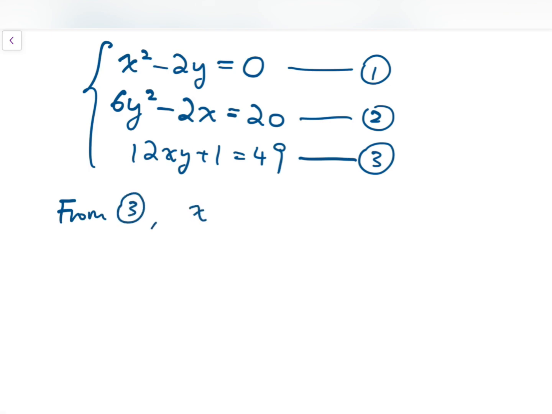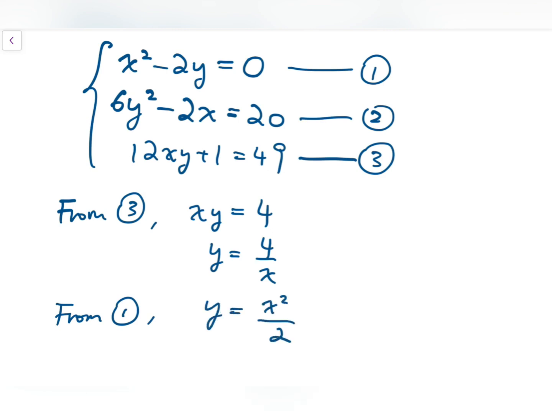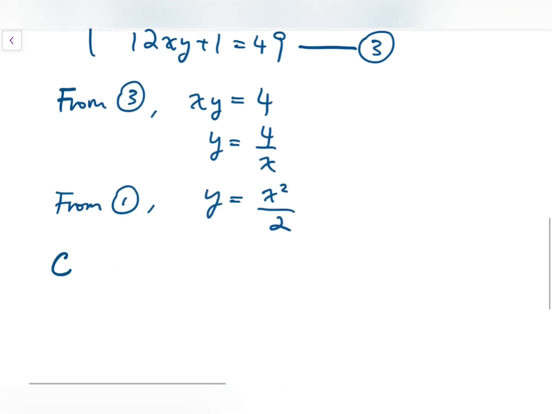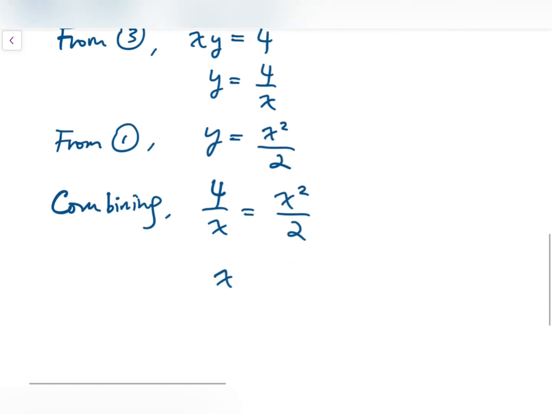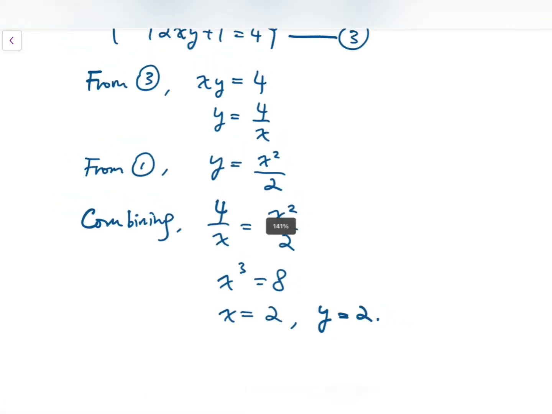From the third equation, xy equals 4, and y equals 4 over x. While from the first equation, we have y equals x squared over 2. And combining, we have 4 over x equals x squared over 2. That means x cubed equals 8, so x equals 2. And from this, we know that y equals 2 as well.